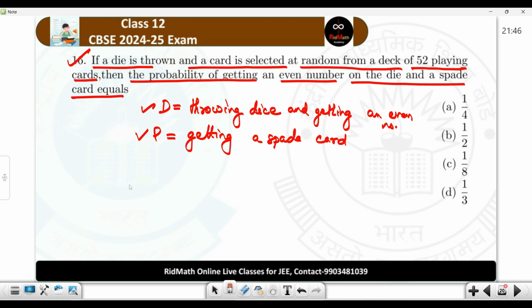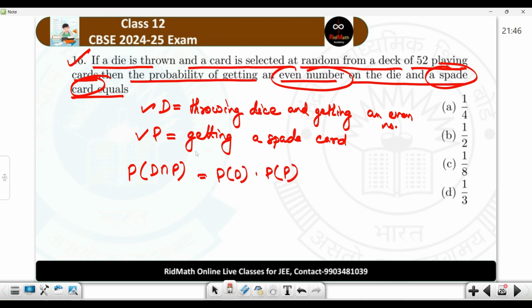So that means the probability of D intersection P, that is the probability of getting an even number as well as a spade card, is equal to P of D multiplied by P of P. Okay, so this is P, don't take it seriously.